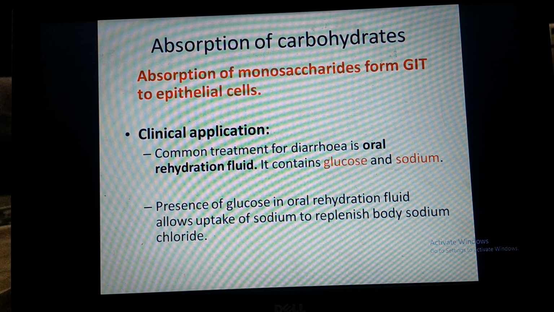Why glucose is added to this ORS solution is, all of you know, the sodium dependent glucose transporter will transport sodium and glucose. It will not transport sodium alone. Therefore, we have to add glucose into the oral rehydration solution so that sodium is easily reabsorbed from GIT.